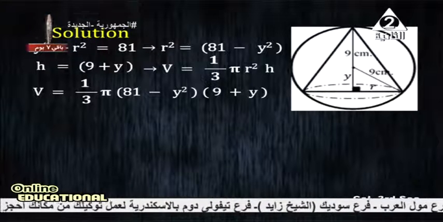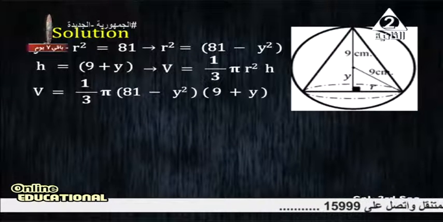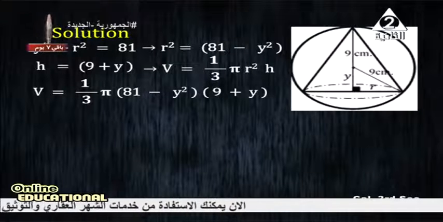Now h equals 9 plus y, and r to the power 2 equals 81 minus y to the power 2. Then the volume V equals one third pi, multiplied by the bracket (81 minus y to the power 2) multiplied by the bracket (9 plus y).